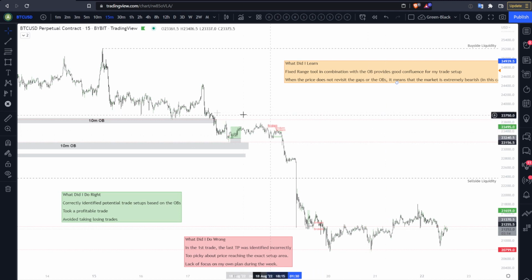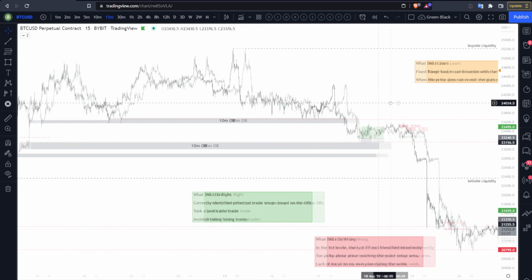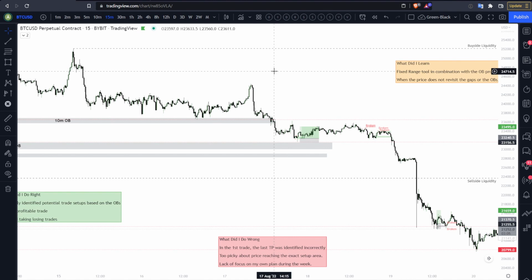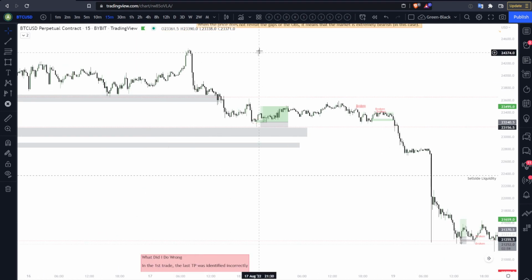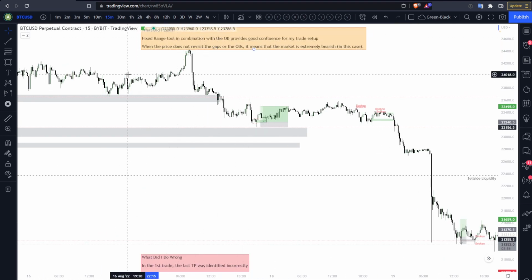And the last thing for this session that I learned is this: newly formed order blocks upon revision of the price.